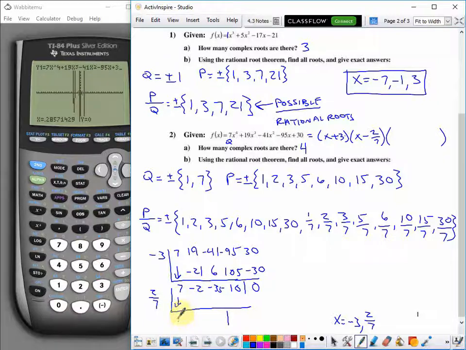Okay, so I'm going to bring down that 7 and multiply, and I'm going to get 2, add, multiply, add, multiply. So 2 times negative 35 divided by 7. Negative 35 divided by 7 is negative 5 times 2 is negative 10. And I get a remainder of 0. So I get 7x squared minus 35.